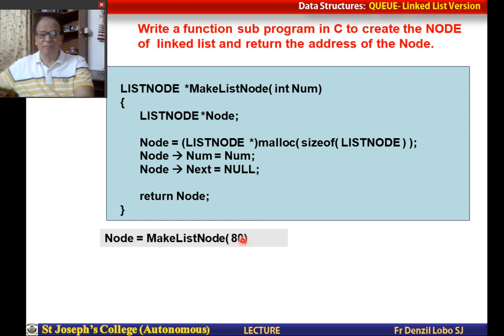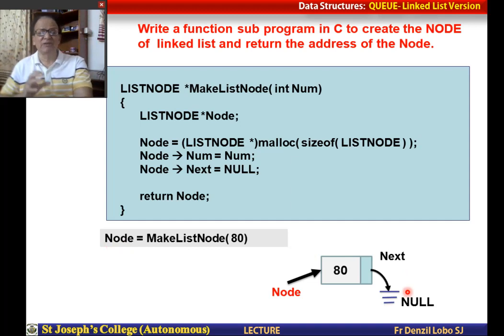So for example, in my main program, I can say node is equal to make list node 80. Then immediately it creates a list node which contains 80, and its next points to null, and this node variable here will contain the address of the node which has been created by us.